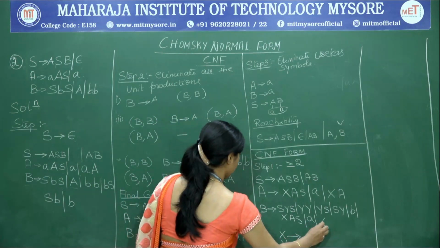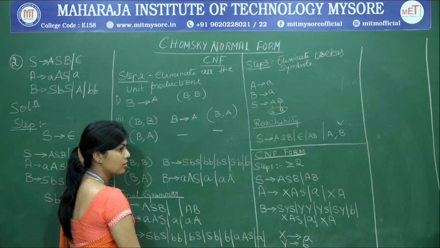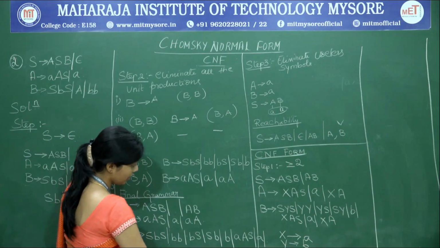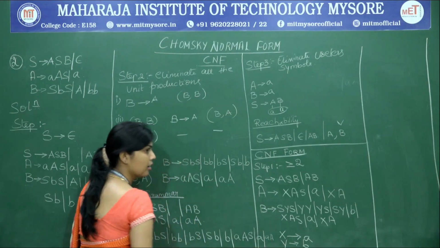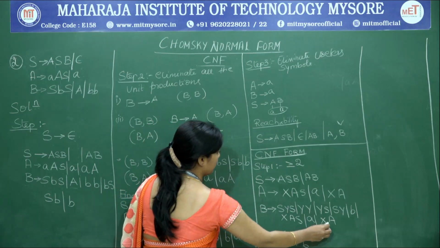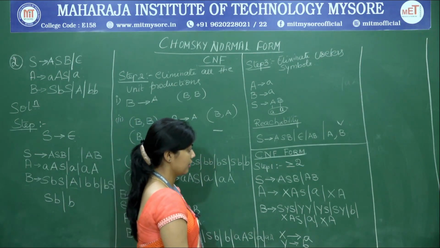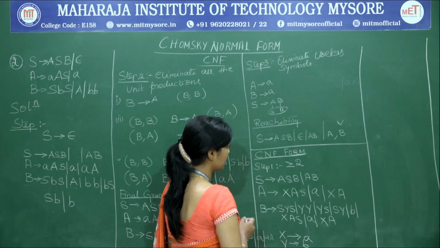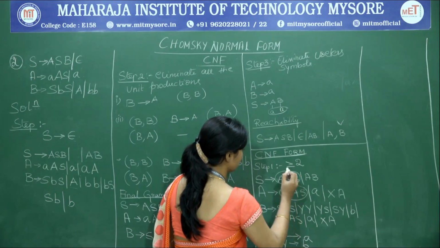At last we have the last production, which is small a capital A. So this will become X capital A. So next we are going to consider everything which is of length greater than or equal to 3. So we will just put a circle to all those productions here.